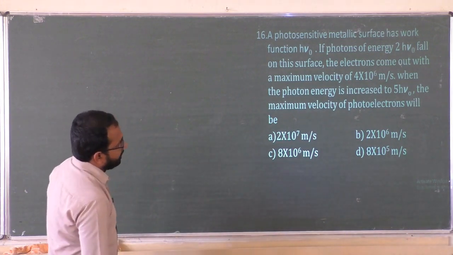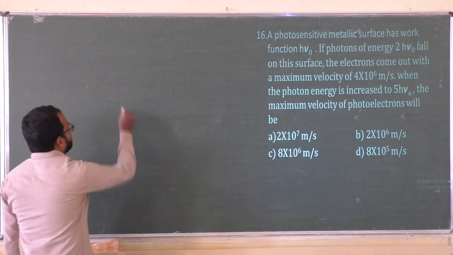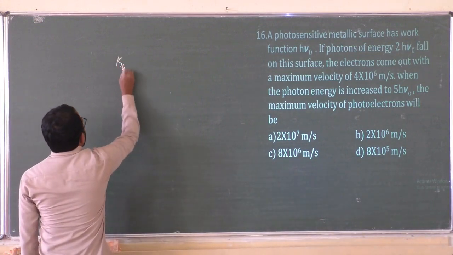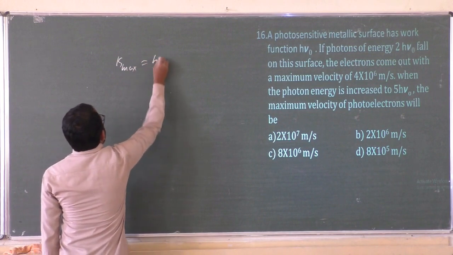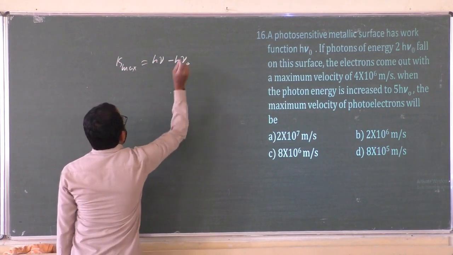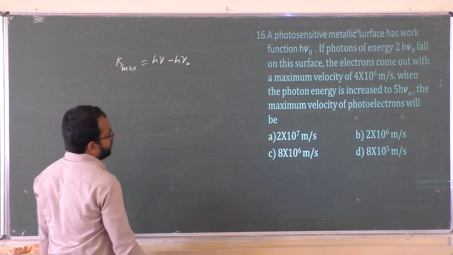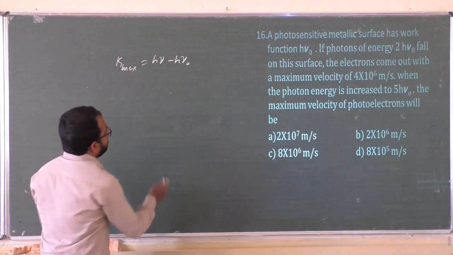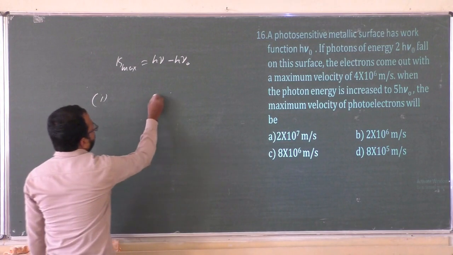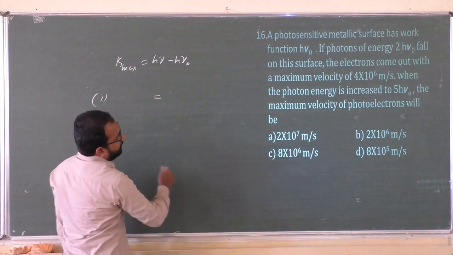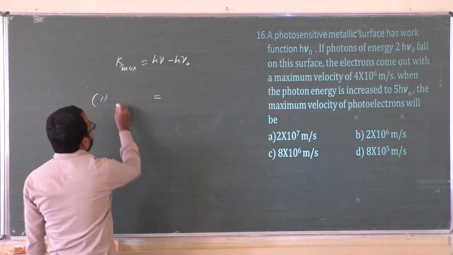A photosensitive metallic surface has work function h nu naught. We have K maximum equal to h nu minus h nu naught. If photons of energy 2 h nu naught fall on this surface, then the maximum velocity is 4 × 10⁶ meter per second.